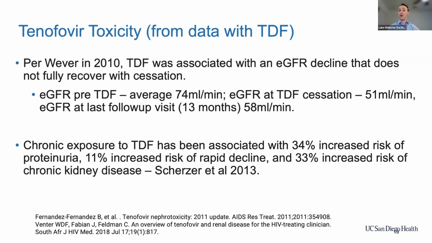And this GFR does not significantly recover even about 13 months after coming off of the therapy. And so I highlight this because I think perhaps a lot of patients had some subclinical GFR decline that is now catching up with them now that they're aging and developing some of these other chronic medical conditions. So driving CKD forward.